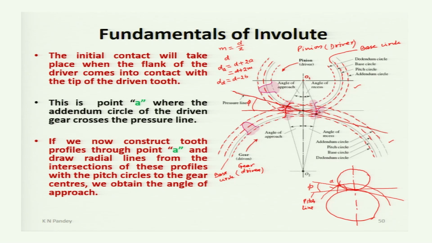Now, if this point is joined with the center of rotation of the driven gear, then the angle between this line and the line of centers is called the angle of approach. Okay, this is angle of approach.